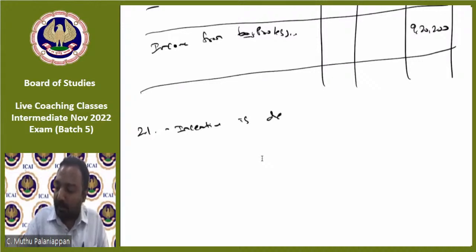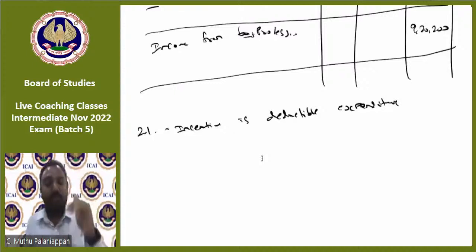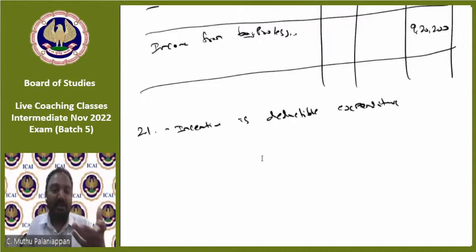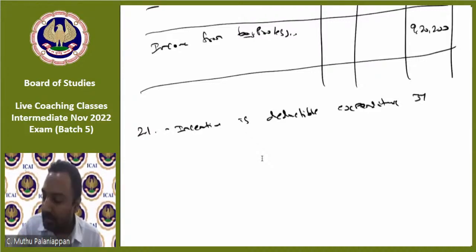Incentive is deductible expenditure. It doesn't fall under any specific head between 30 to 36, because 30 and 31 are about repair, maintenance, insurance for plant and machinery and building. 32 is depreciation. Then you have 35, which is scientific research. 36 is general deduction, your bad debts, your interest, all those things come under 36. 37 is miscellaneous. So deductible expenditure under section 37.